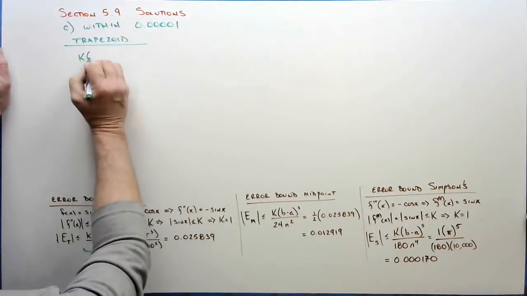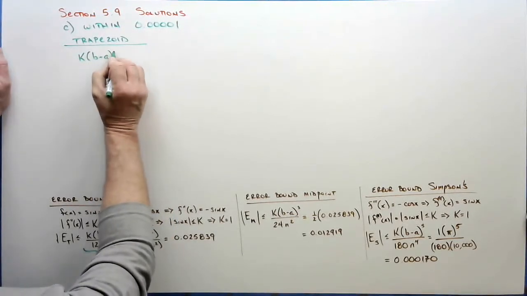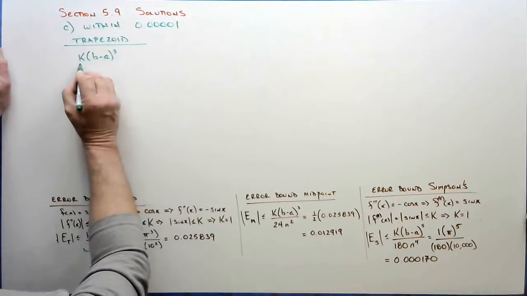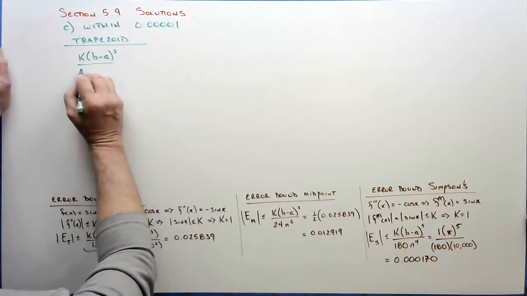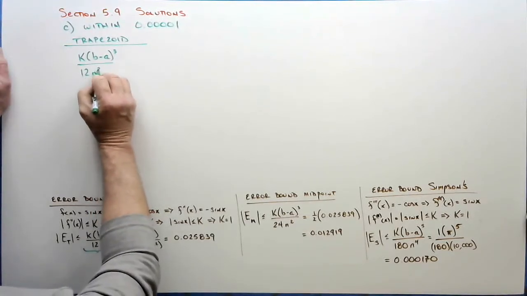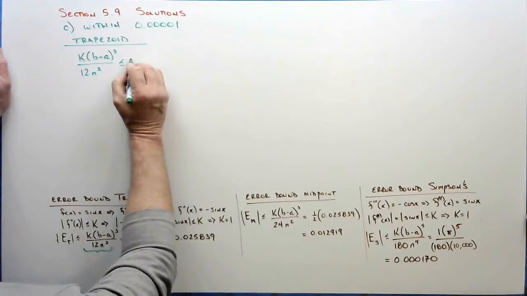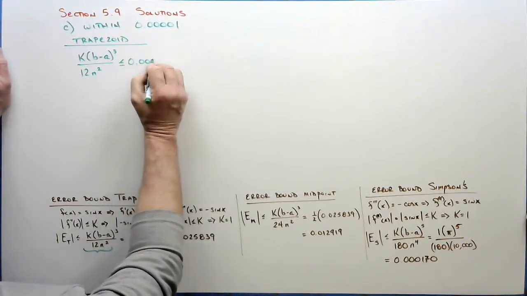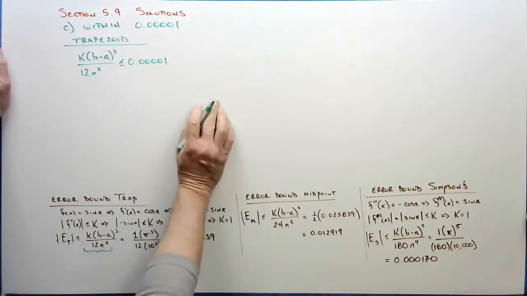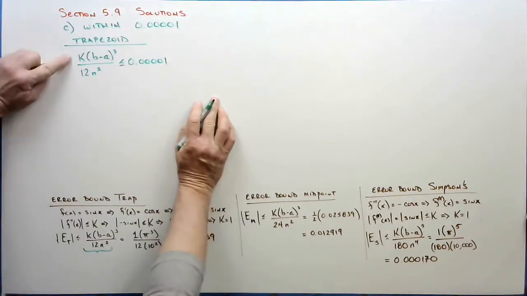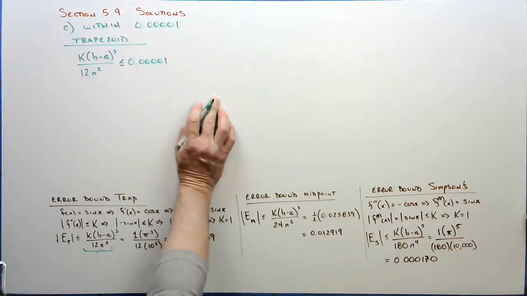So K times B minus A cubed, pardon me, over 12 N squared has to be less than or equal to 0.00001. Now we know quite a few of these values. We know K is 1, we know B minus A is pi.